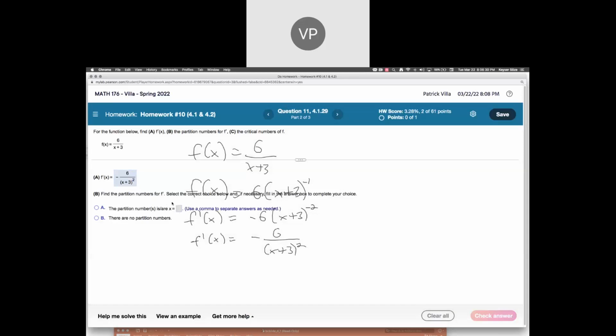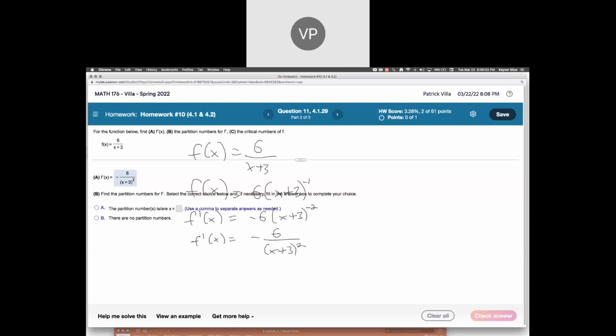Now we want to find the partition numbers that we're going to use. Just want to make sure I've got it right. I generally would do the critical numbers first. Looking at this, though, let's look at our derivative right here.